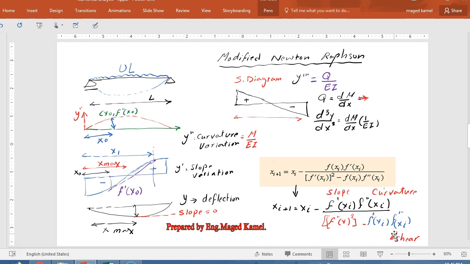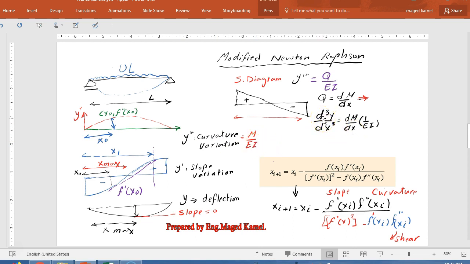How are we going to get the y triple dash? By recalling the expression that y double dash, which is a curvature variation, is equal to M over EI. When we differentiate y double dash, accordingly we differentiate M divided by EI.